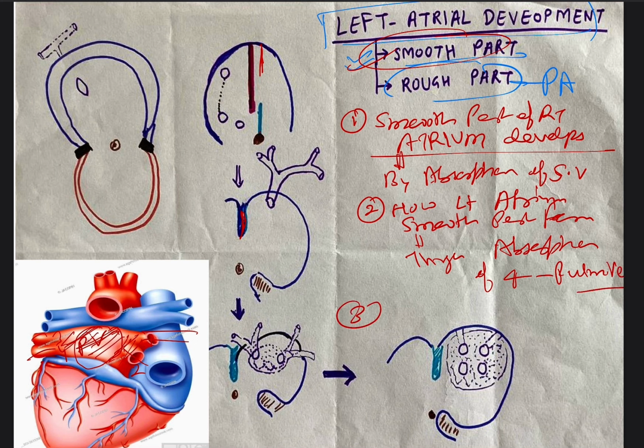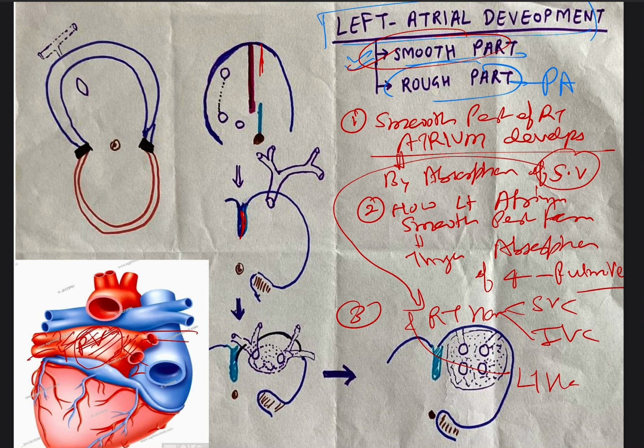I have already explained about this sinus venosus, horn fate, right horn fate, SVC and IVC, left horn fate, coronary sinus, left common cardinal vein fate is oblique vein of left ventricle. Okay.